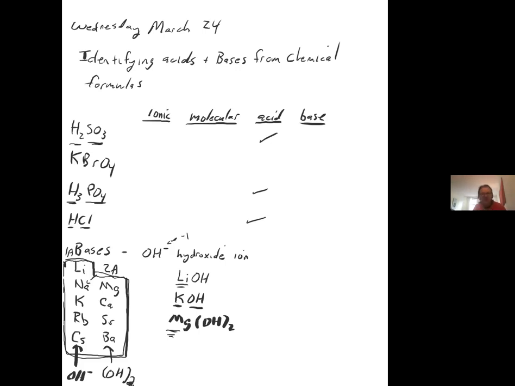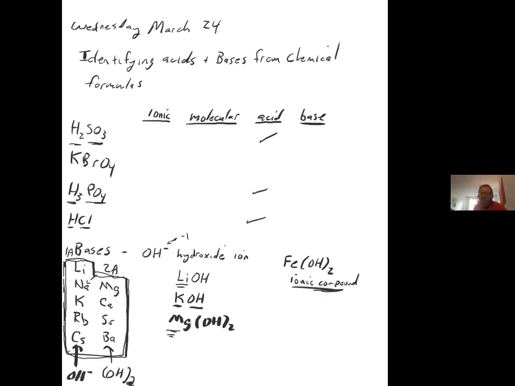And those would be the bases. If you have a different metal, it's not a base. So for example, if you have iron, that's a metal. And if it's combined to 2 hydroxide, it looks like, hey, that looks like a base, right? It has the same kind of format, but be careful. Unless it's one of these 9 metals, it's not a base. This would be an ionic compound.